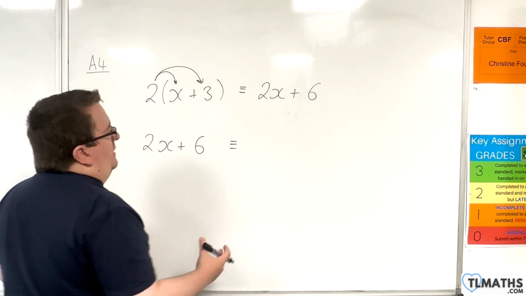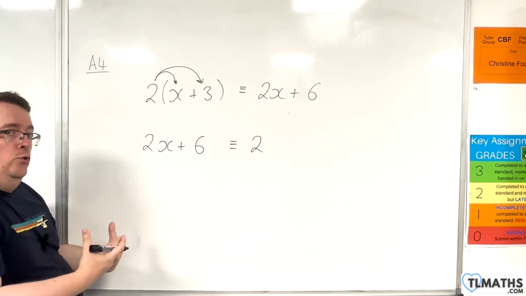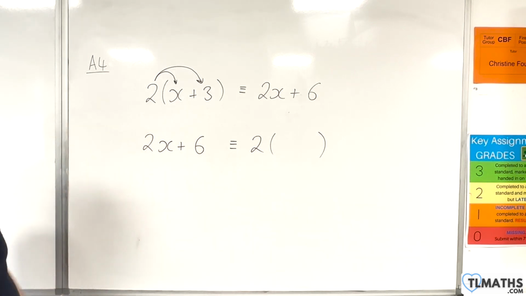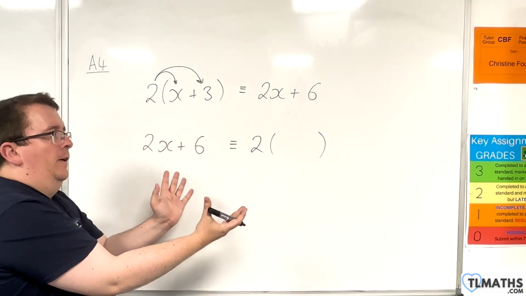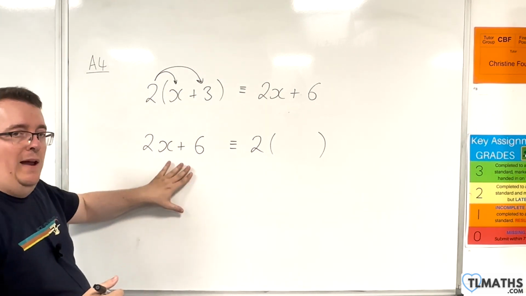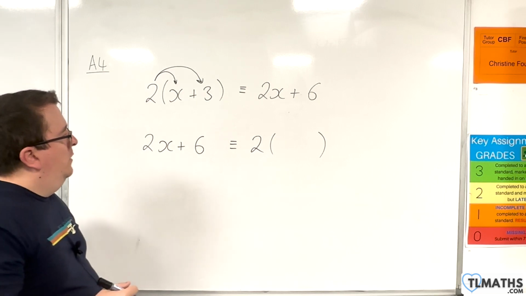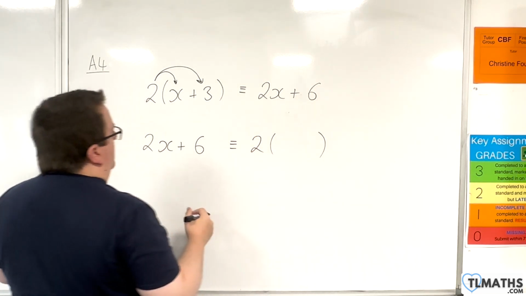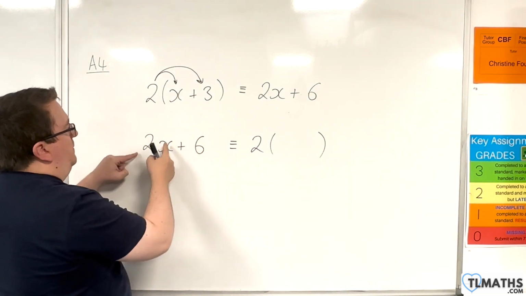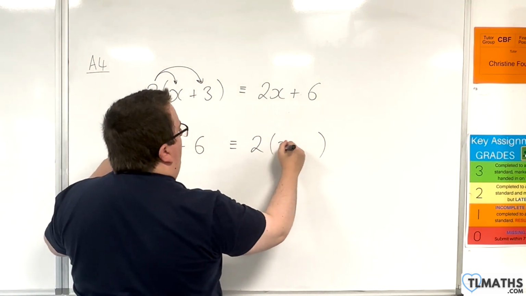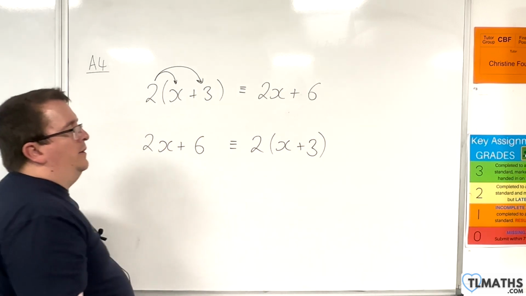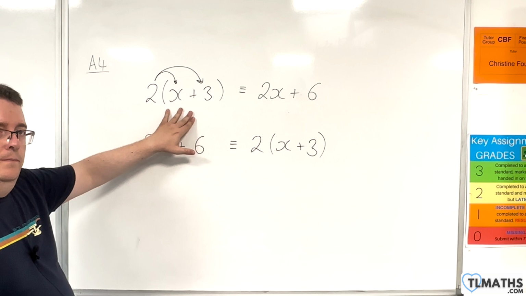So that must mean that I can factor 2 out of a bracket. I can factor the 2 out of an expression so that when I multiply 2 by that bracket, I would end up back with the 2x plus 6. So to get what's in the bracket, I need to divide each of these terms by the 2. 2x divided by 2 is x, and 6 divided by 2 is 3. And I get back to what I started with.